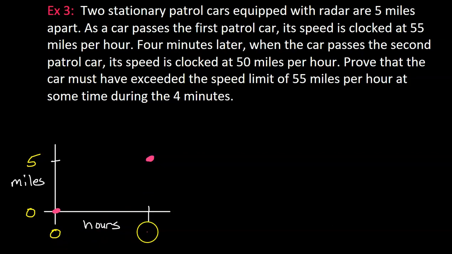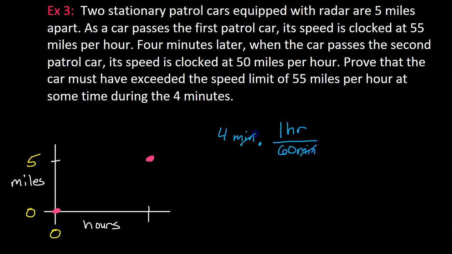Now, what will the time be as the car passes the second patrol car? Well, we know that this happens 4 minutes later, but we want that in hours. So let's do a little bit of unit conversion. 4 minutes, and we know that 1 hour equals 60 minutes.